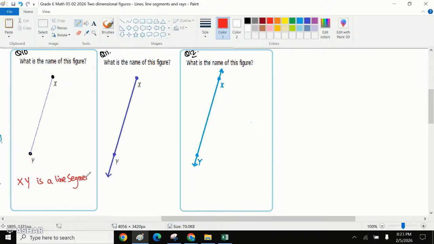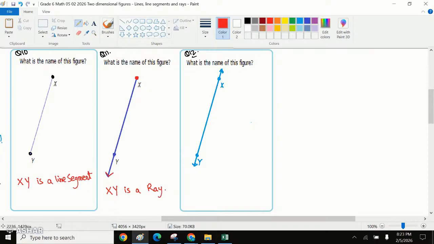We will be using the term segment in circles also. That means fixed. The second question says one point is fixed. That means it originates and the light keeps on moving. And for the light, we use the term ray. Agreed? So in question number 11, XY is a ray.